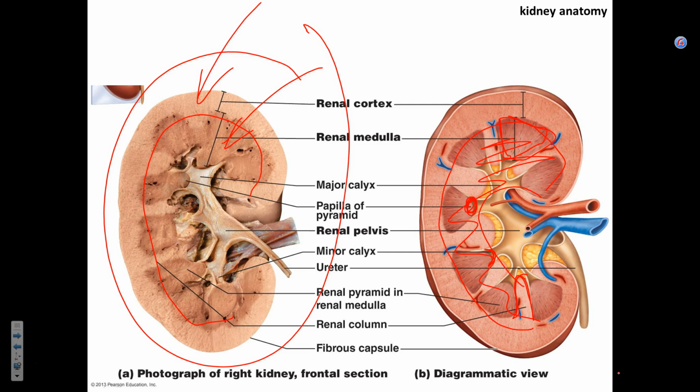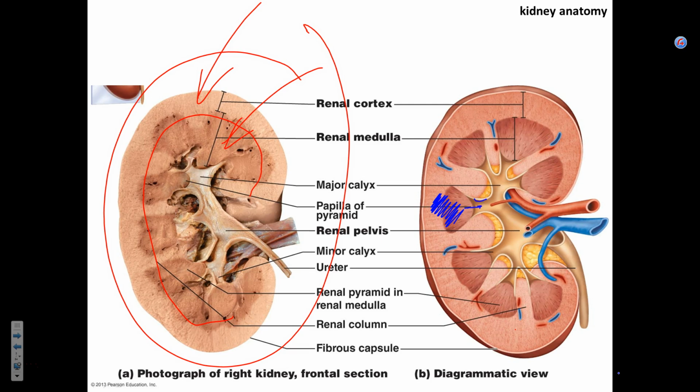So what is the pathway for the urine formation and drainage in the kidney? Now look at the right side. I'm going to draw it there. So urine is formed somewhere here. When it is completely formed, it's ready to go through the renal papillae from the renal pyramids.